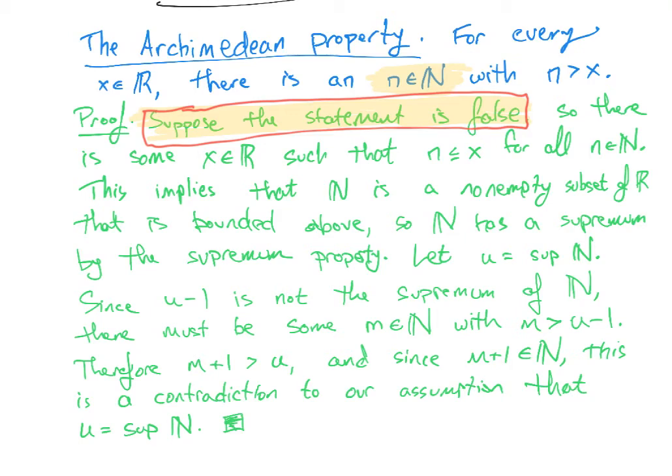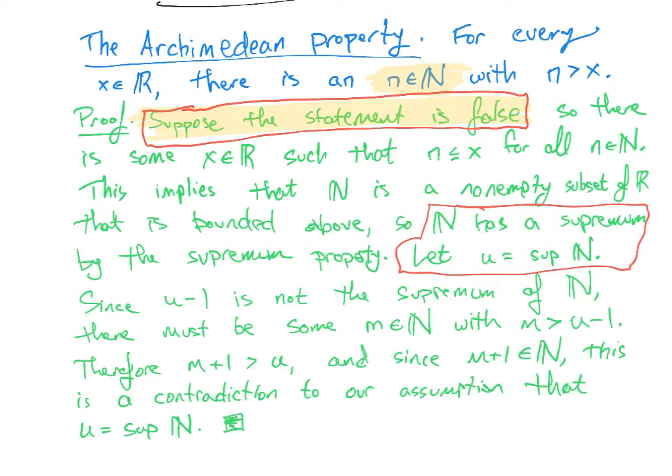Let's just think through the major steps here. We assume that the statement is false. Because the statement was false, we were allowed to say that the natural numbers have a supremum, and we called it u. And then what did we do?